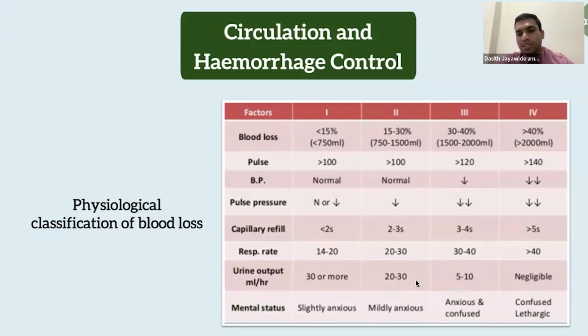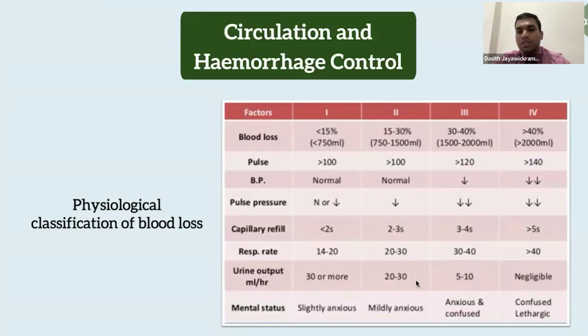And then comes class 3, where there's 30 to 40% blood loss. The pulse rate shows significant tachycardia. The key feature is that this is the point where compensation is failing. This is the decompensation part, so there's a decrease of systolic blood pressure. The compensatory mechanisms can't handle it anymore.